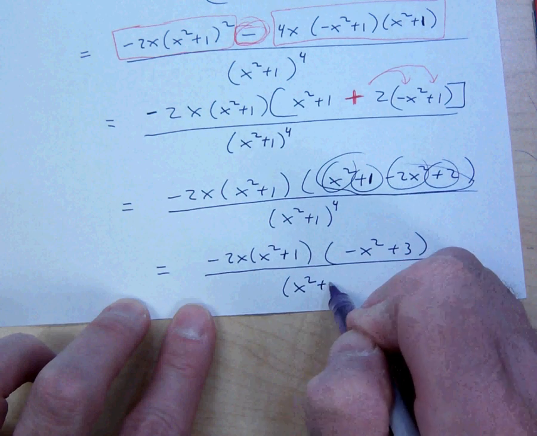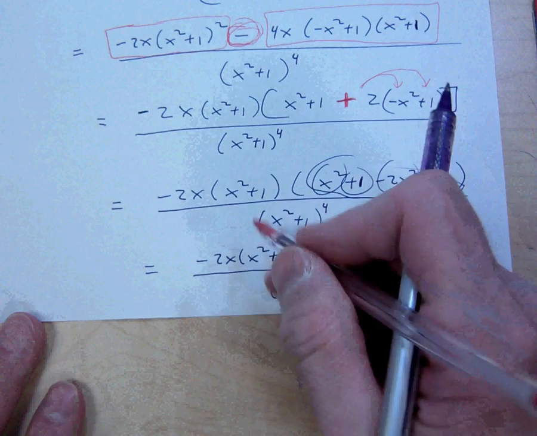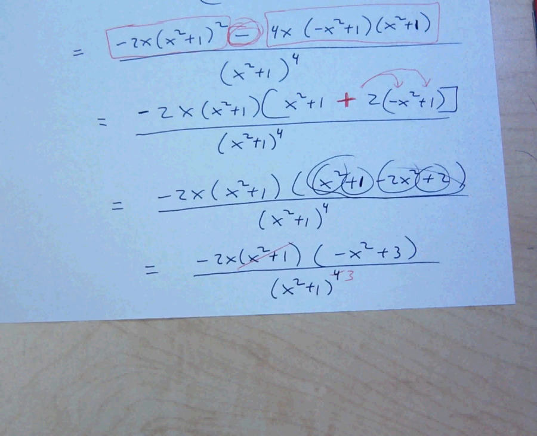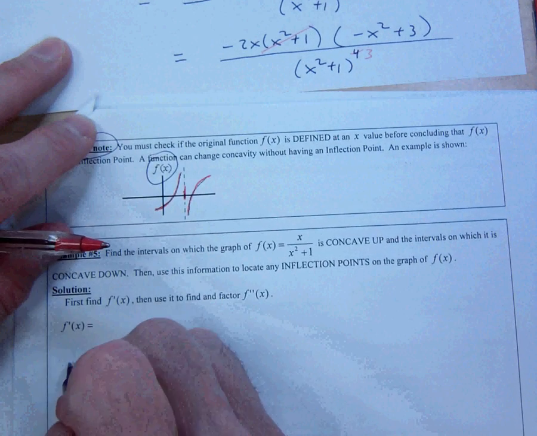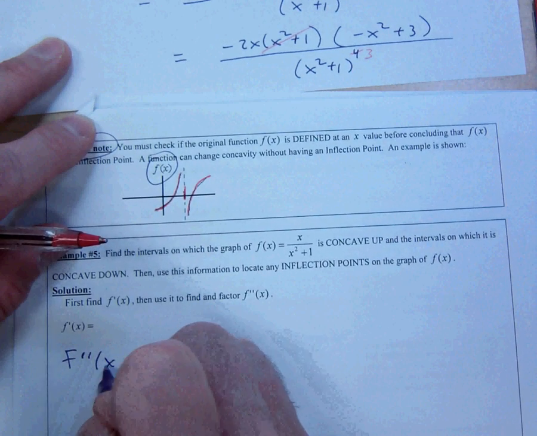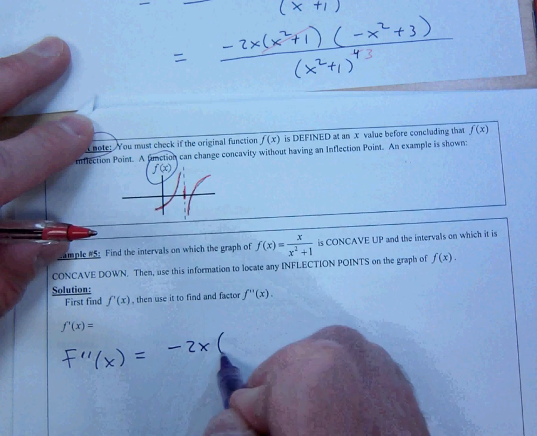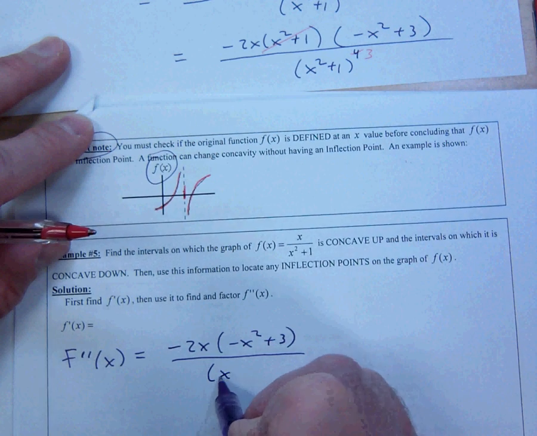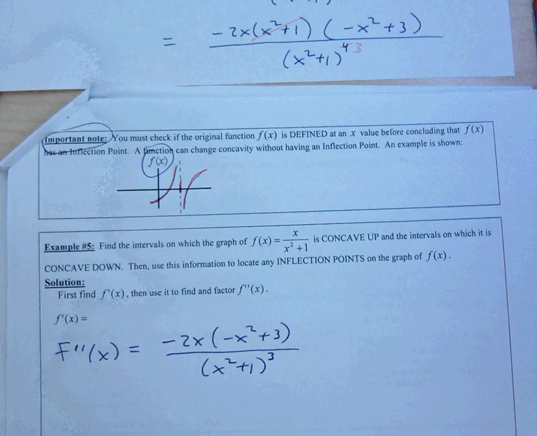Anything else here that you see I can do now? Yeah, I can cancel that with one of those, can't I? Okay, so the bottom line is this is where I end up. But agree that's where I end up?